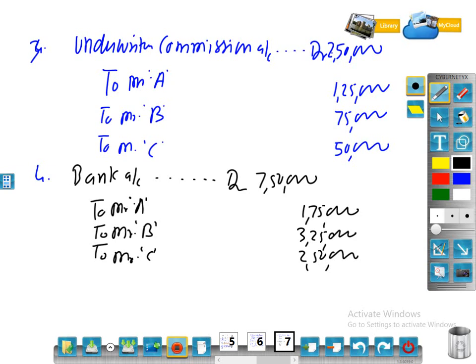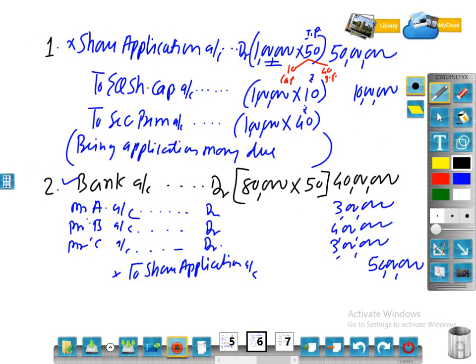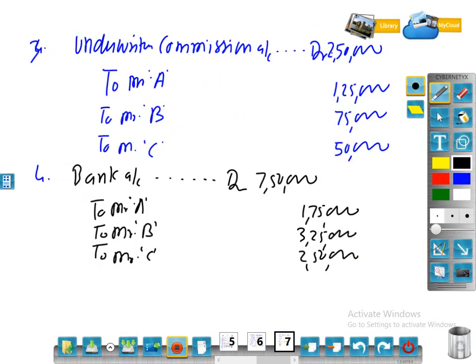Now if you look at the underwriter's account, is it tallied with nil balance? Take out your calculator and do some calculation. Here Mr. A is debited with 3 lakh. 3 lakh debit minus 1 lakh 25,000 and minus 1 lakh 75,000 is equal to 0.